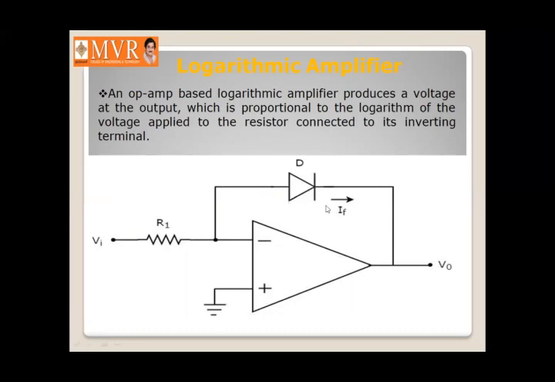The feedback is provided with the diode D, and the feedback current flows in this direction. By using this circuit, we produce an output which is proportional to the logarithm of the input voltage. How it is obtained, we are going to see now.